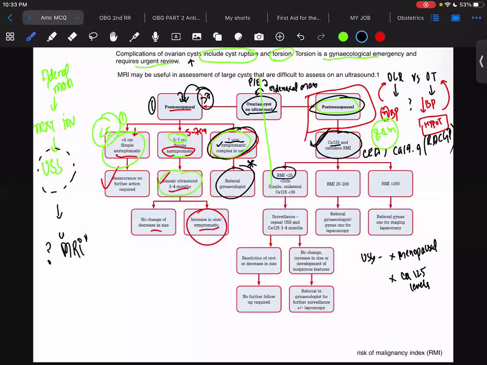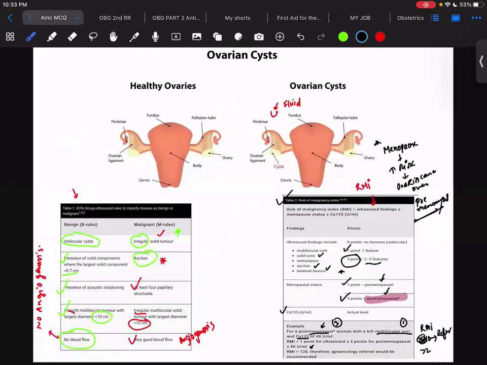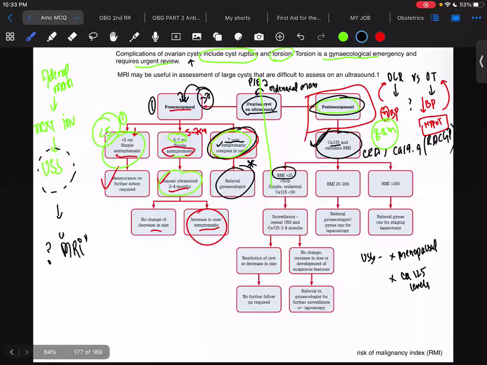If it is less than 25, sorry, I said more than 40 before, it should be 25 rather. So if it is less than 25, or less than 5 centimeters, simple, unilateral, and the CA125 is less than 30, we can think about surveillance.